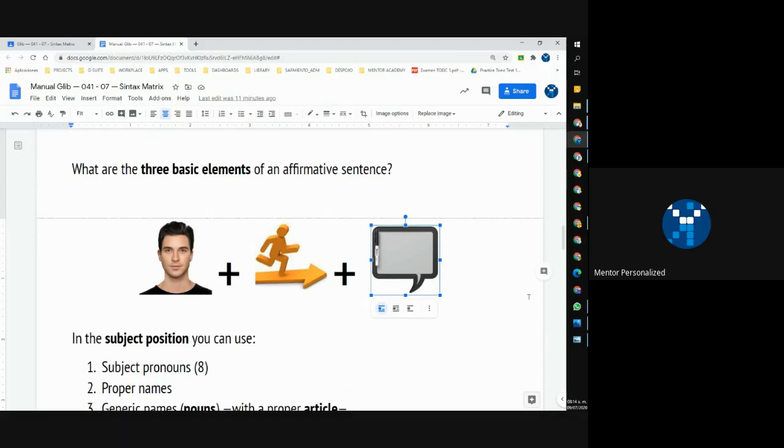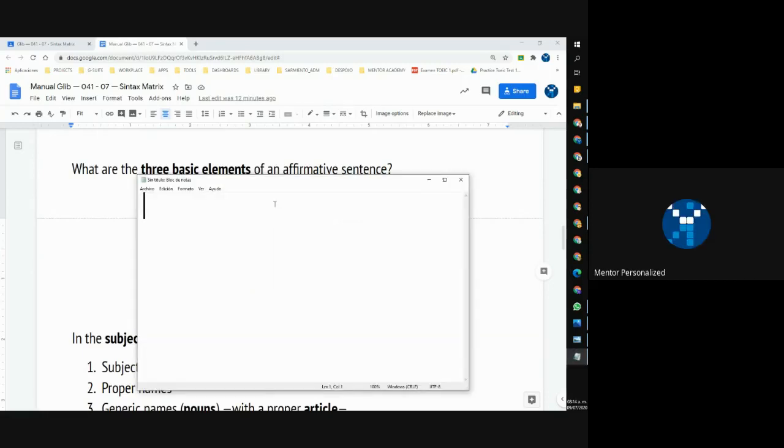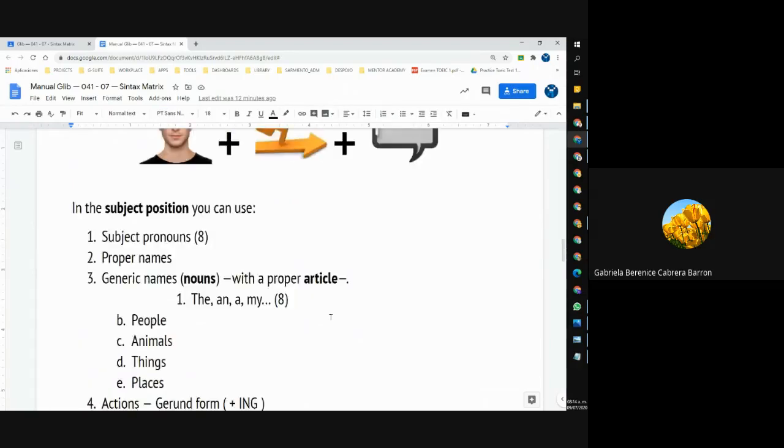Repeat. Smoking is bad for your health. Repeat. Health. For your health. Pronunciation. Health. Okay. Very good. Health. That's right.